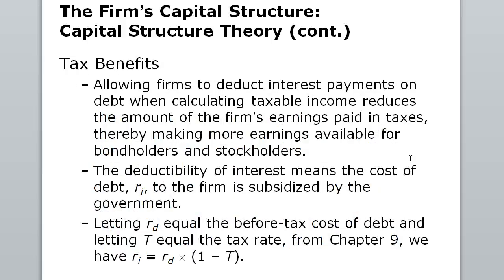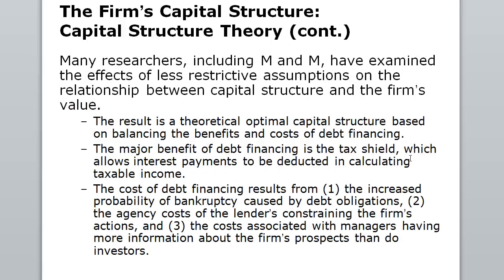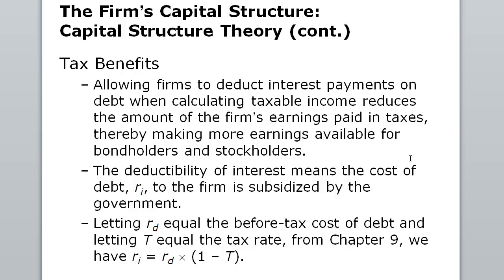Okay, so let's just talk about the tax benefits. We know that borrowing debt has a real big tax advantage. Firms that are making interest payments can have that interest tax deducted.